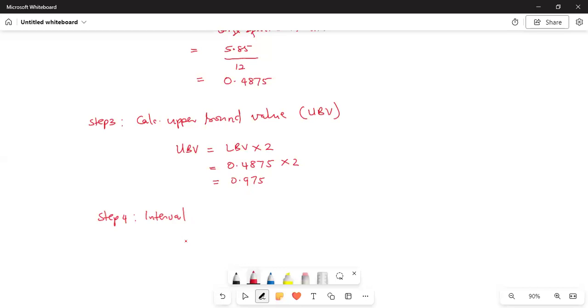The interval now is upper bound value is lower bound value mapping onto upper bound value. So the interval, okay, is equal to 0.4875 to 0.975.